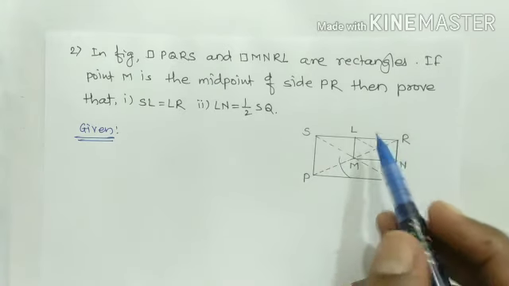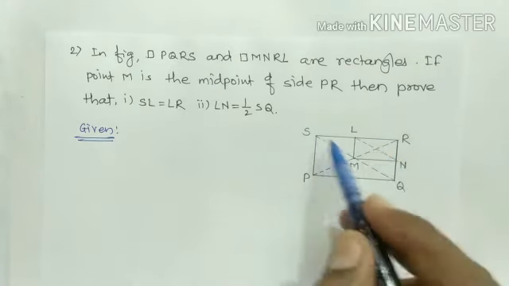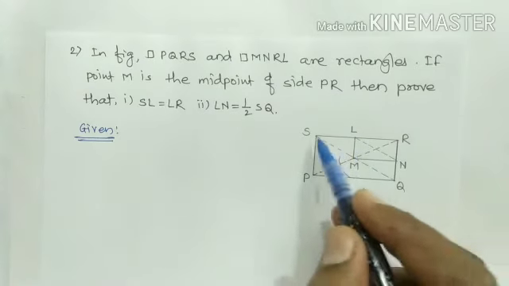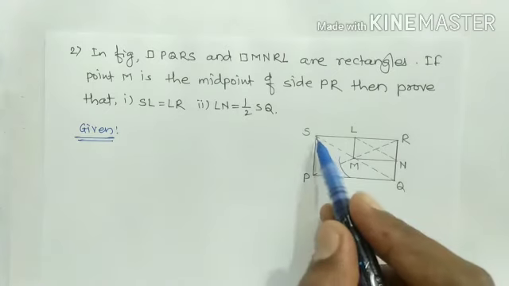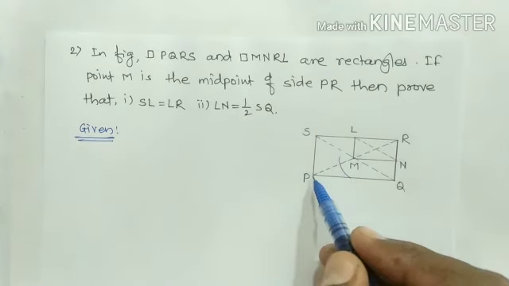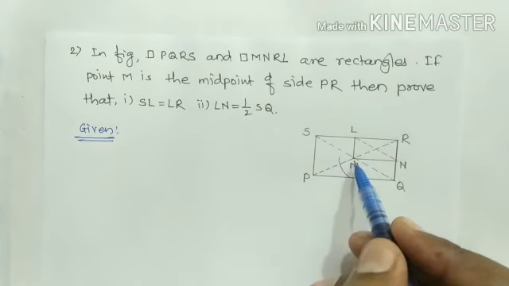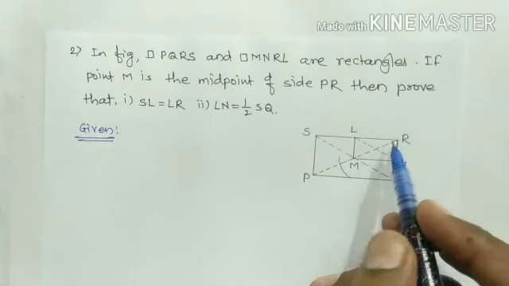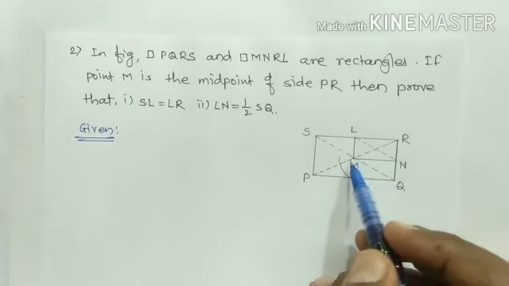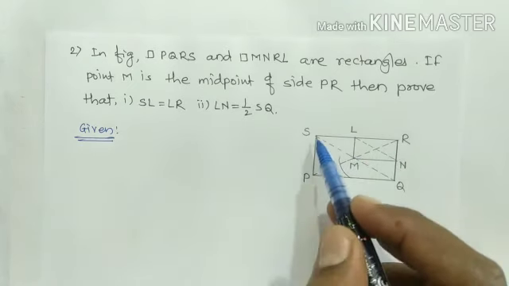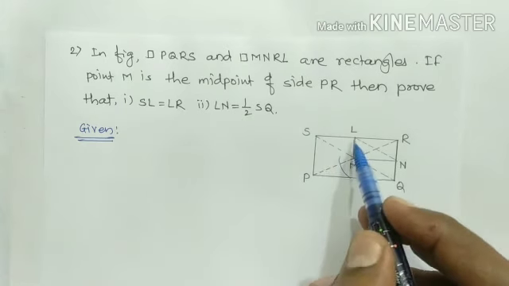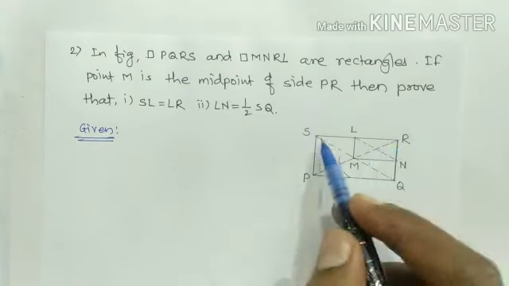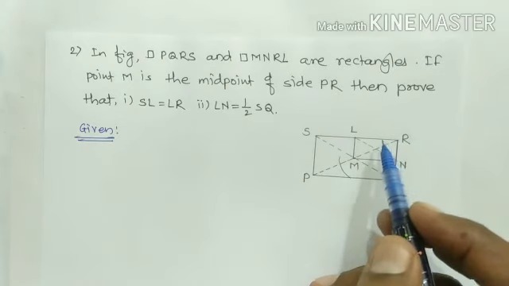Here, to prove SL equals LR, it means that point L is the midpoint of SR. We have to prove this here. Now in this triangle SRP, point M is the midpoint of seg PR, and if ML is parallel to PS, then by the converse of midpoint theorem, point L is the midpoint of SR. Therefore we can prove SL equals LR.